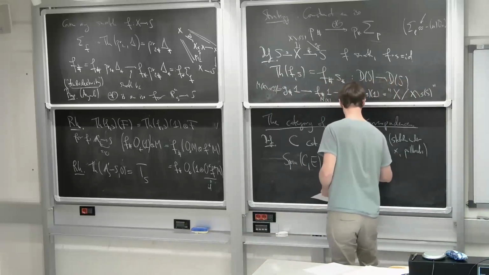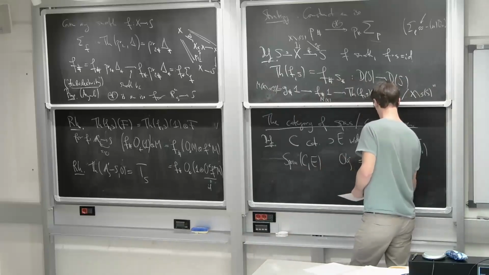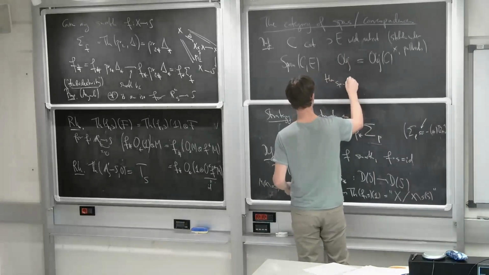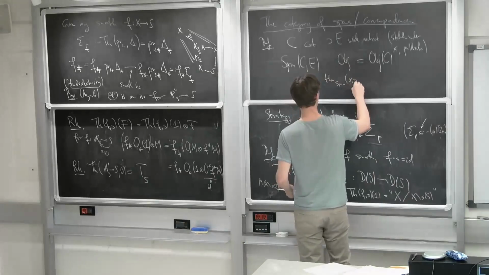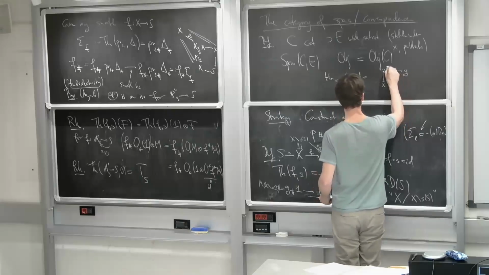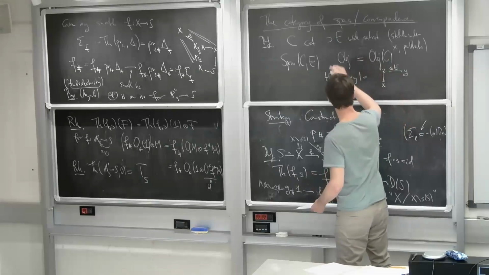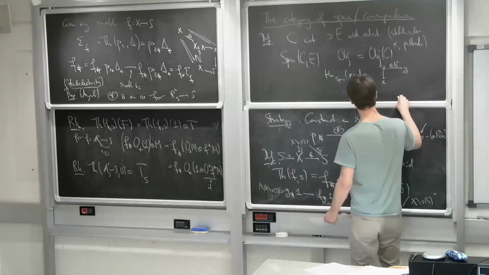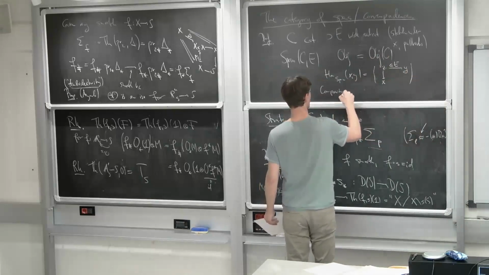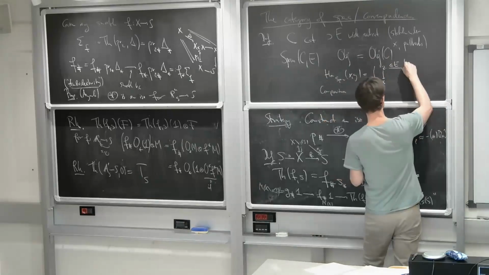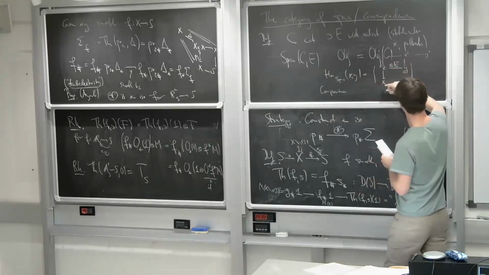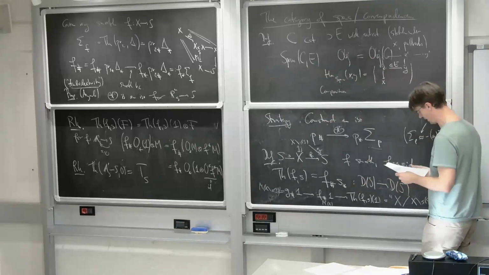So the objects, once again, are the objects of C, and the morphisms in this span category from, I don't know, X to Y are diagrams of the form: you have this X, you have this Z here, and then you have Y. And these horizontal maps are always supposed to be in this subcategory E. So this is a morphism, and the composition is: you take some such thing and you take another such thing, let's say Z prime, Y prime, and you form the pullback, and this entire span is going to be the composition. Yeah, so that's the idea.